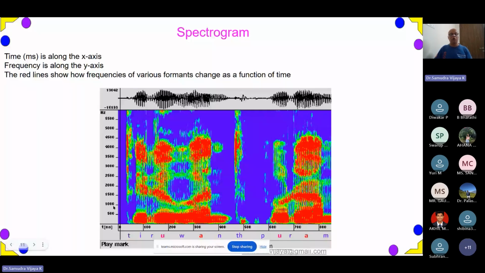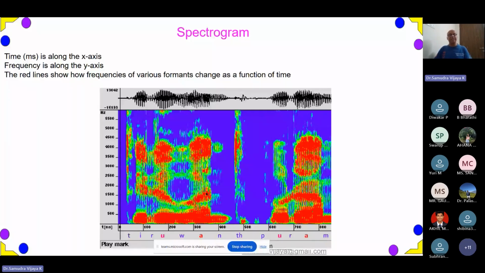So let's look at the vowel A here. The vowel A has resonances, more energy at certain frequencies. What is the frequency? It's around 700 hertz. It is shown in red color. Sorry, not high frequency, high energy at 700 hertz.